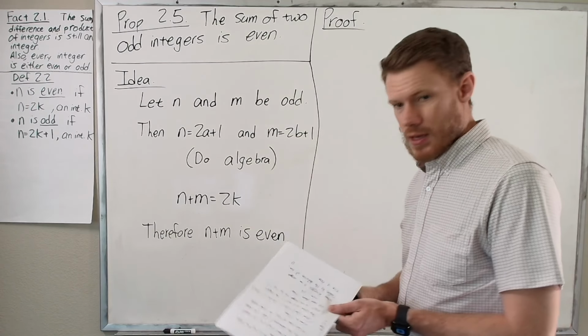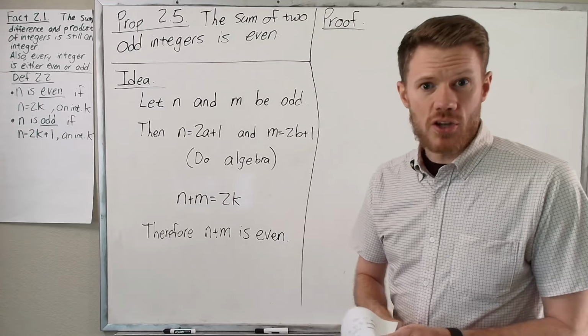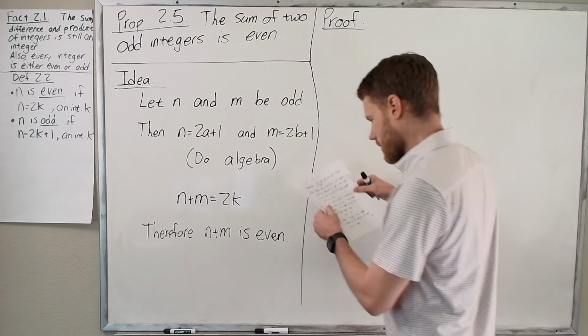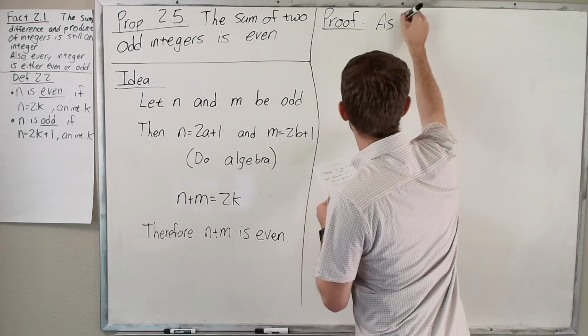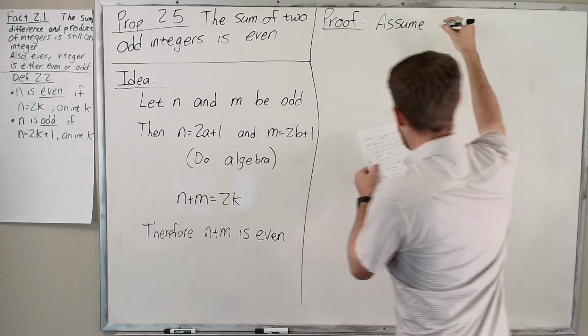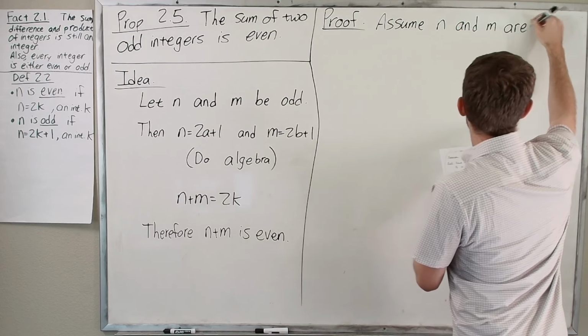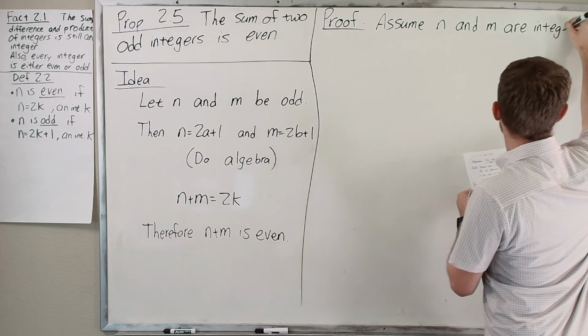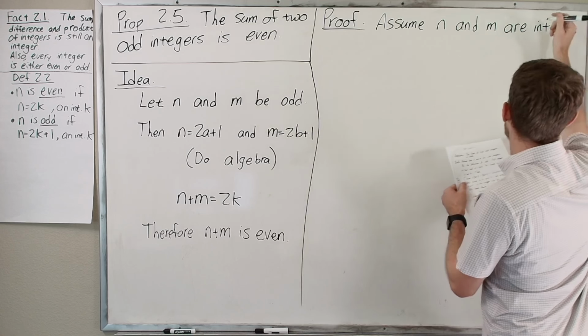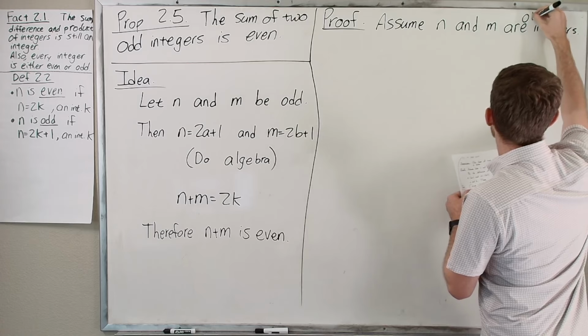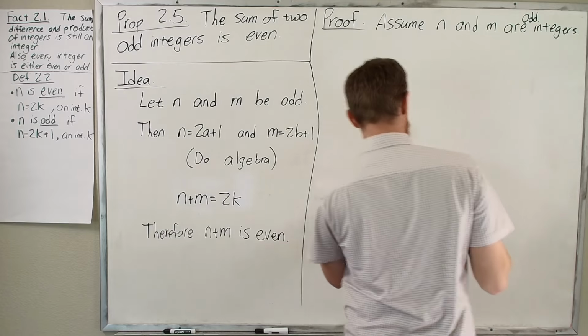Okay. So now over here on the right, I'll actually write up a complete proof. All right, so proof. Assume that n and m are, sorry, excuse me, are odd integers. Okay, odd integers.